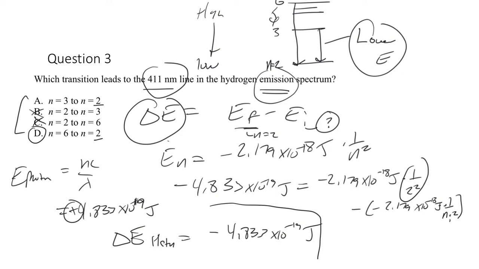That gives me 6.142 times 10 to the minus 20, which is equal to negative, actually it's plus, so negative times negative, so plus 2.179 times 10 to the minus 18 joules times 1 over that n initial value squared.